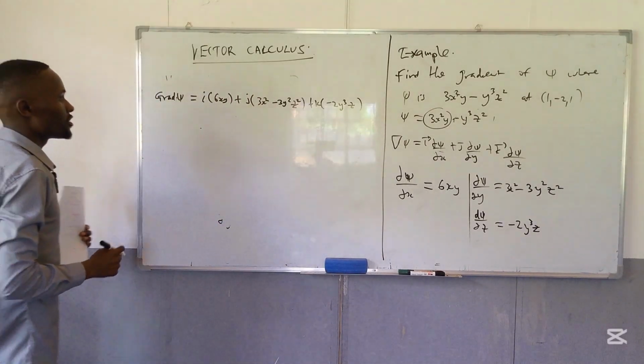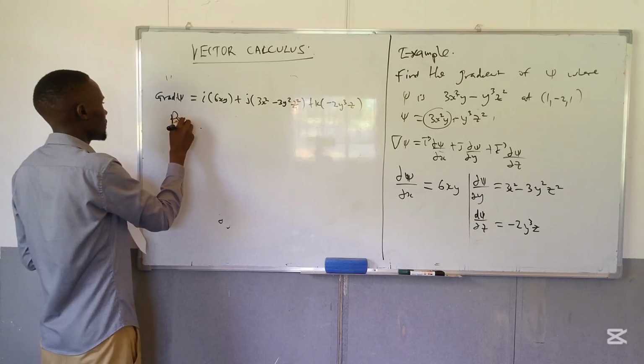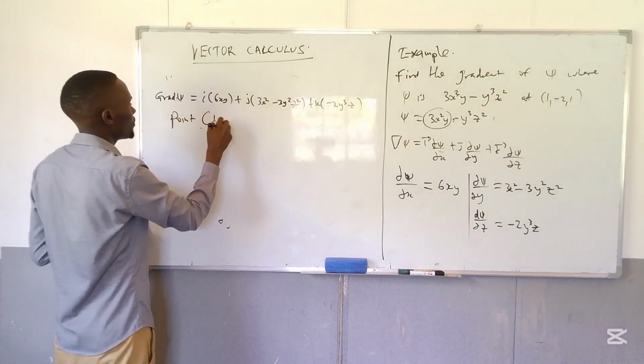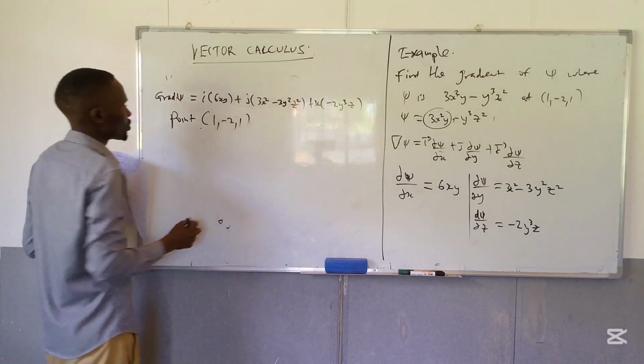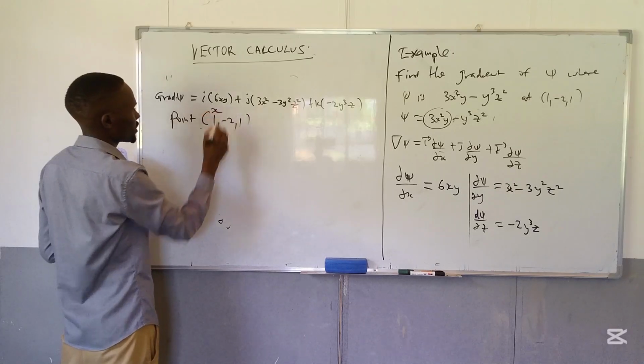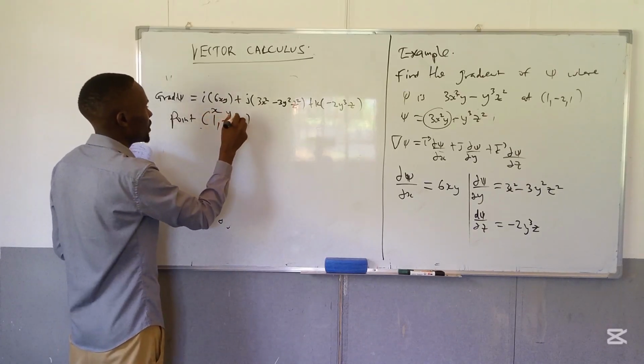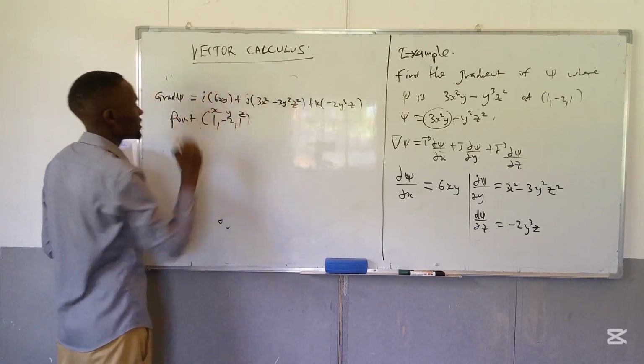So now from here they have given us a point which is 1, negative 2, 1. So this first value is the x value, the second value is the y value, and the third value is the z value.